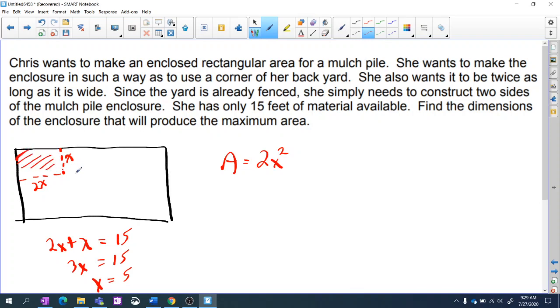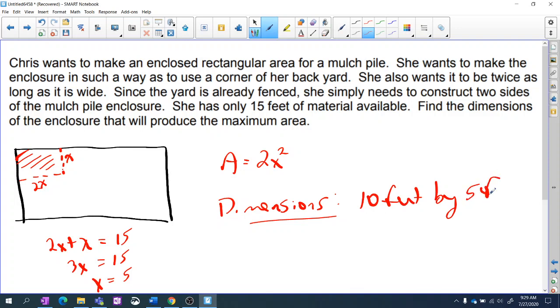So that one was quite wordy, but to find the dimensions that will produce the maximum area, the only dimensions that work, this one I didn't even have to get into quadratic function, vertex form, nothing, would be 10 feet by 5 feet.